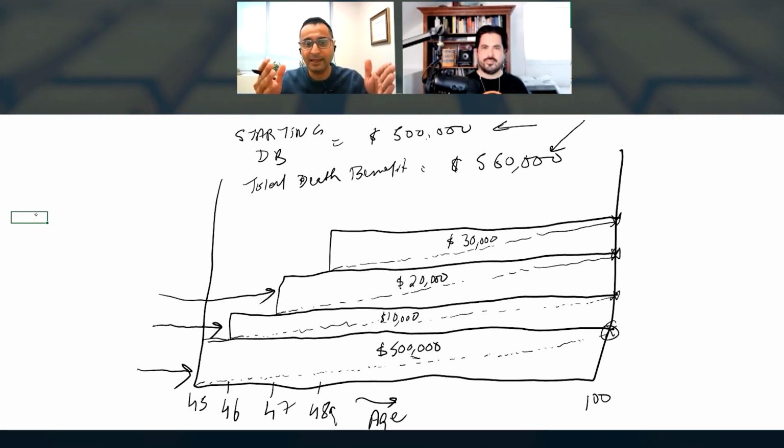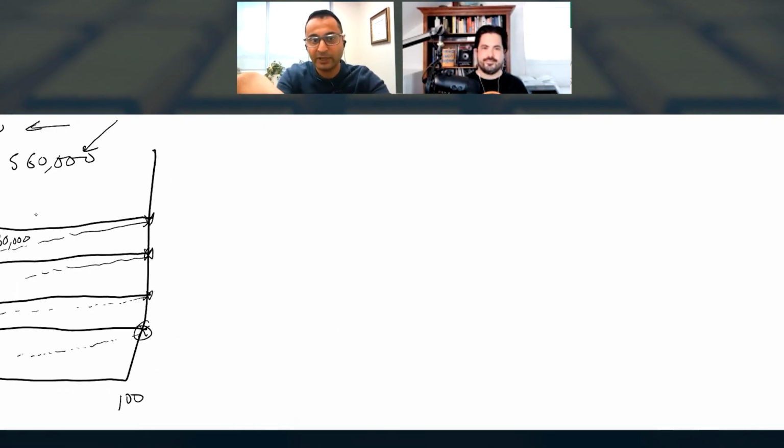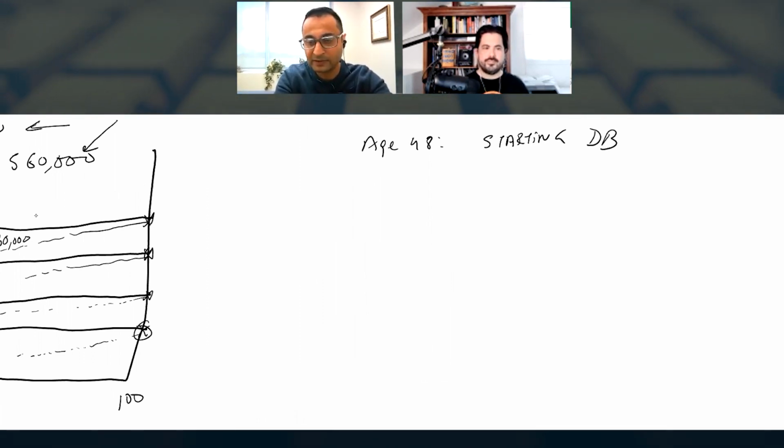Let's just say at age 48 for this policy owner, and he's had this policy for 3 years now. His starting death benefit in the policy, so starting DB, which stands for death benefit, was $500,000.